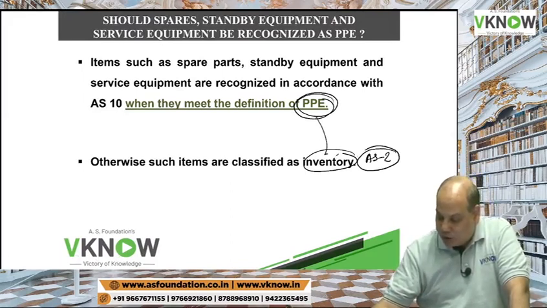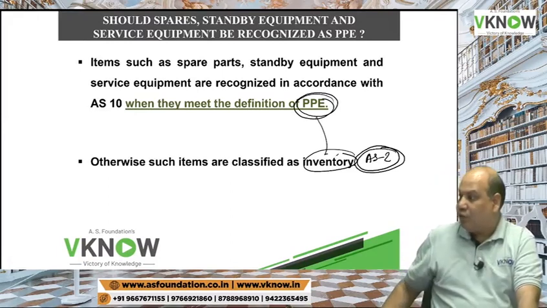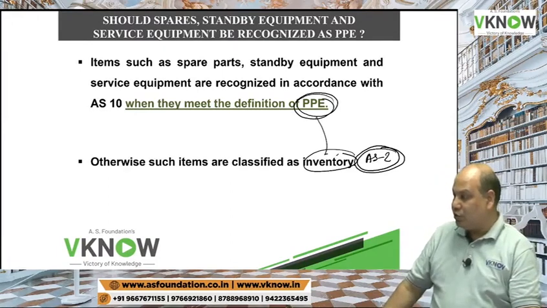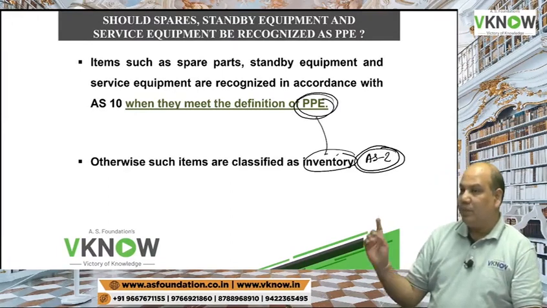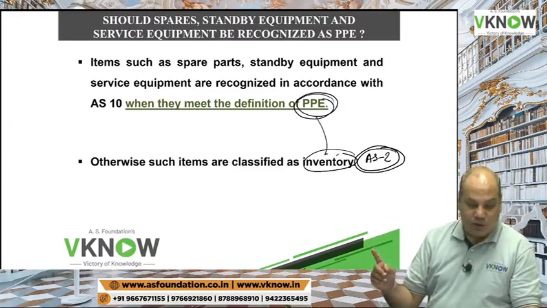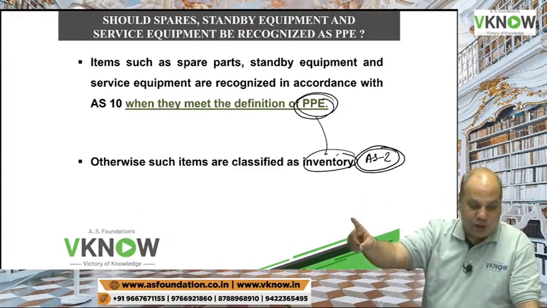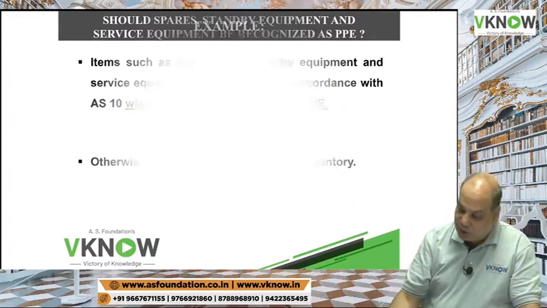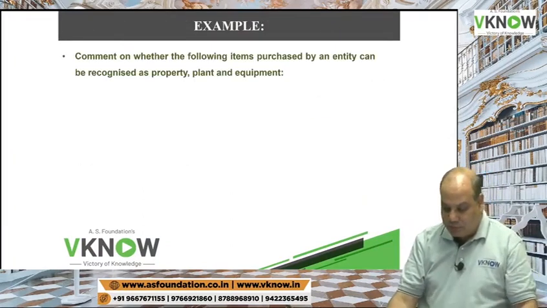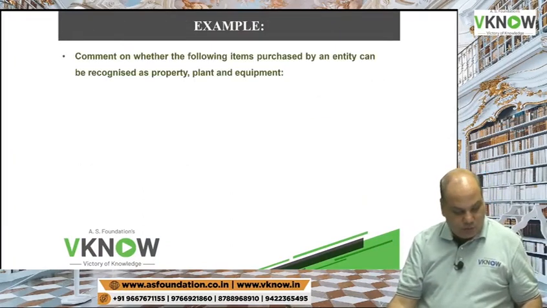If you go to AS-2 today's homework, you will find it was mentioned there also. If spare part meets the definition of PPE, apply AS-10. If spare parts do not meet the definition of PPE, then do not apply AS-10, apply inventory chapter.